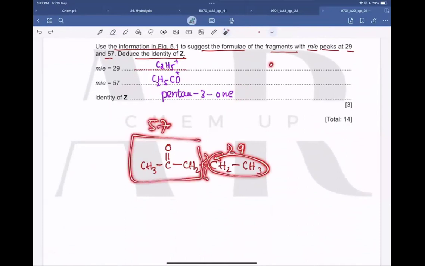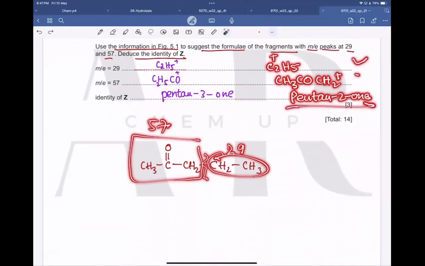So you write C2H5 positive and CH3COCH2 positive, and these fragments can be obtained from pentan-2-one, not pentan-3-one. So you will write pentan-2-one. This is also going to be a correct answer.